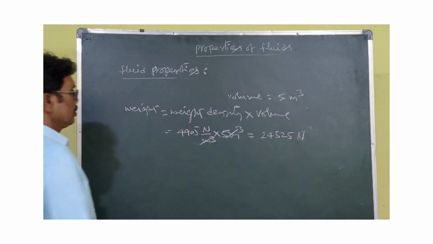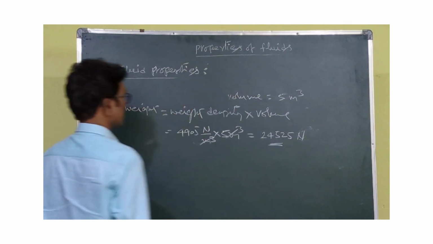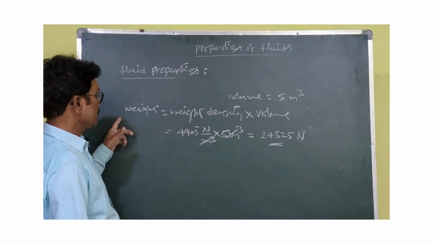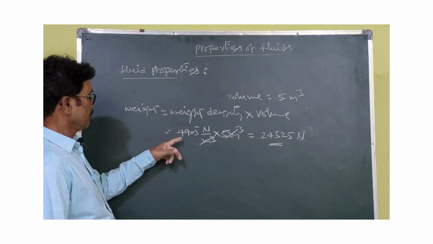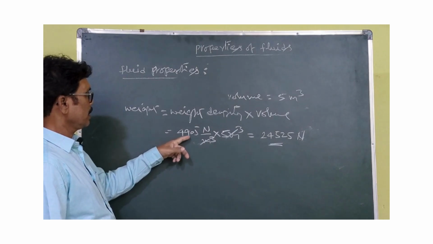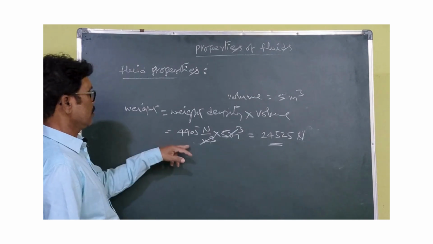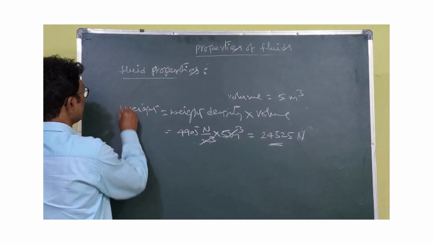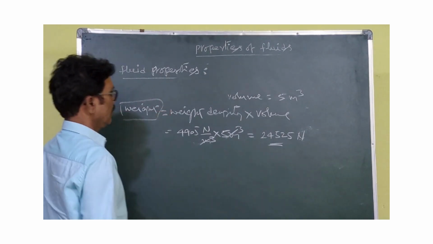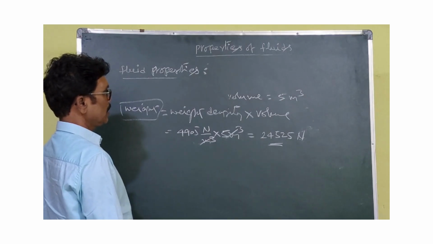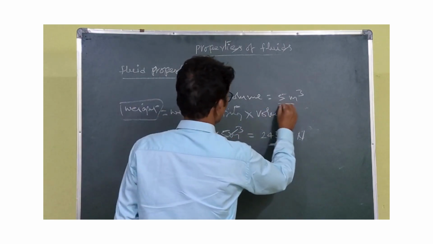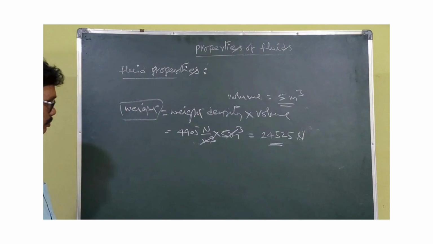Weight equal to Newtons. If you observe this one, weight density equal to 4905 Newton per meter cube. But what are we going to calculate as weight? Weight means what is the weight of the material that can be accommodated in 5 meter cube?